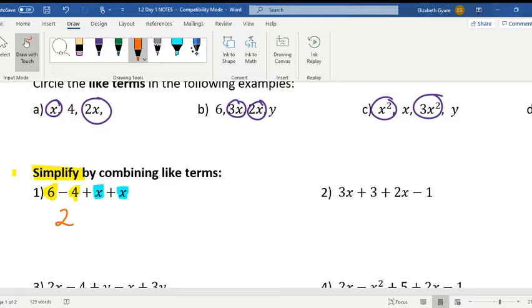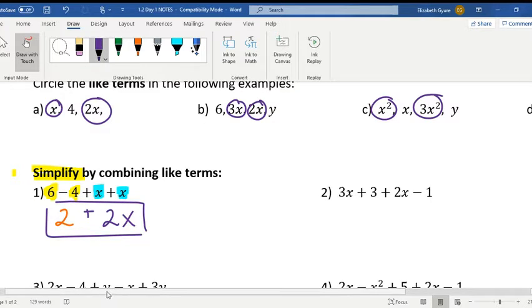Physically, if you're holding an x and you're holding another x, how many x's do you have all together? 2. So just treat them kind of like they're normal numbers. So that would be, don't forget your plus sign, and then 2x. Okay, so x plus x is 2x. And then that's it. That's all we've got to do for that one. We've combined them. That's as far as we can get.